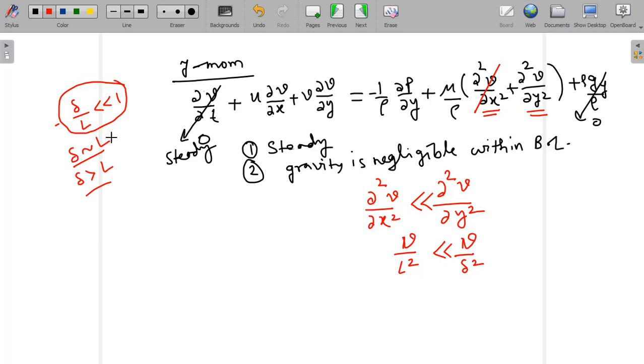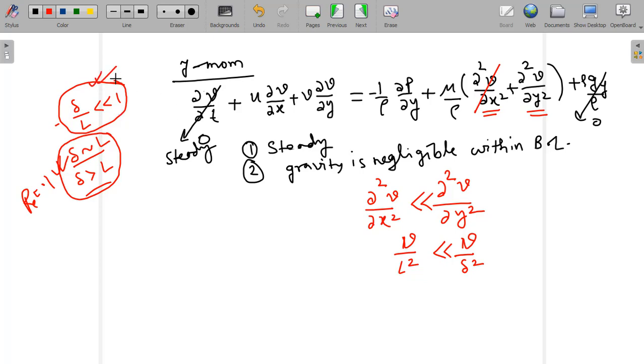If the Reynolds number is very small, say of the order of 0.1 or 1, then you may find these kinds of situations. But we are considering situations with higher Reynolds number, and in most of those cases we get delta much less than L. The solutions that we are going to get here are for these situations only.